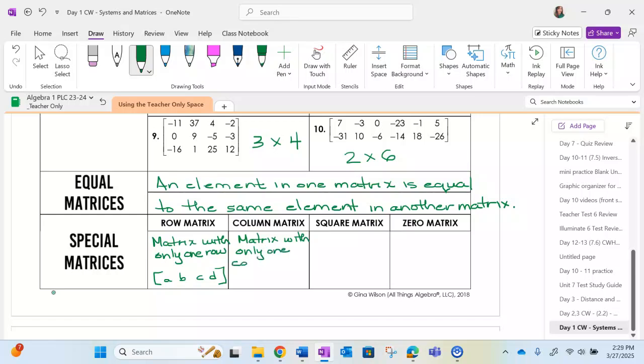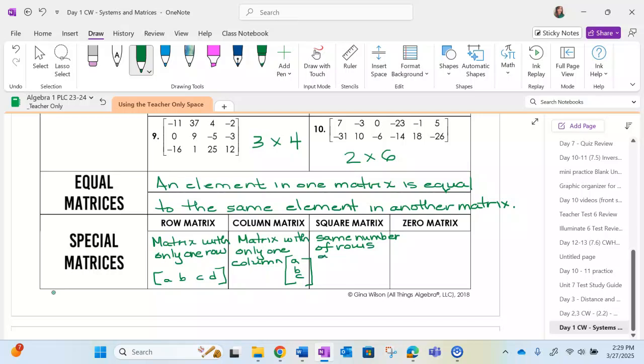Get this written down. And it looks like this. 1 column. Okay? A square matrix. It's a matrix that has the same number of rows and columns.